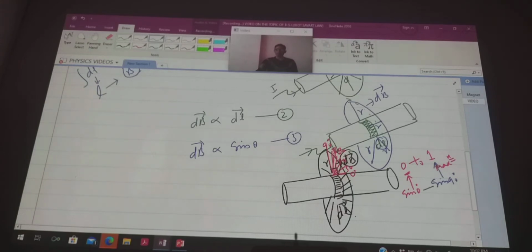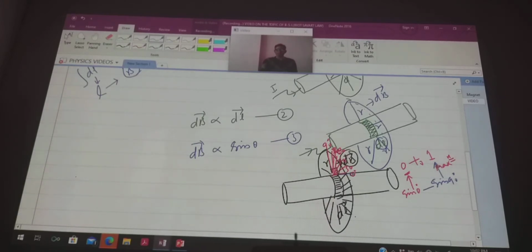So its values range from 0 to 1, with the maximum at 90 degree, and all the magnetic field lines are perpendicular to the dl length, so sine theta will be there.